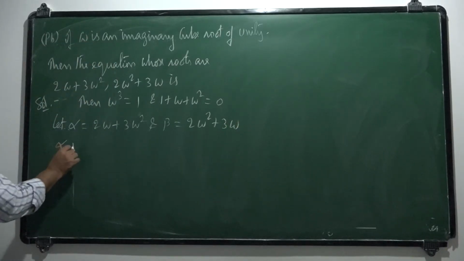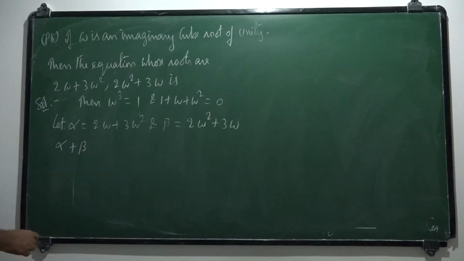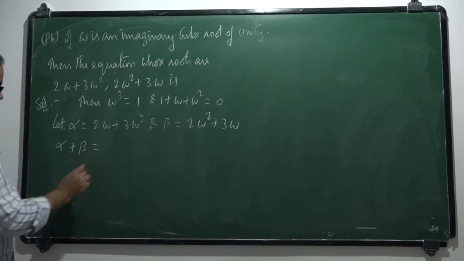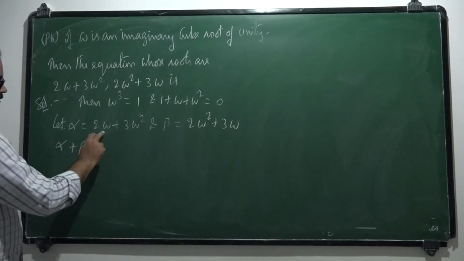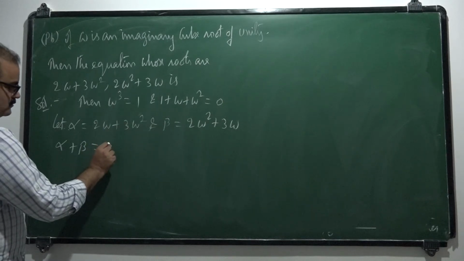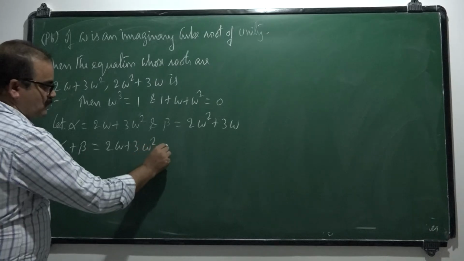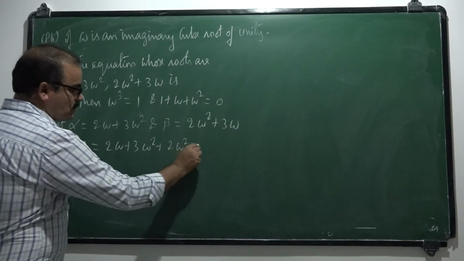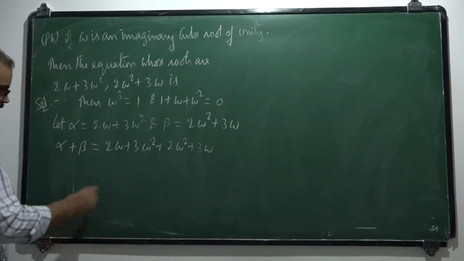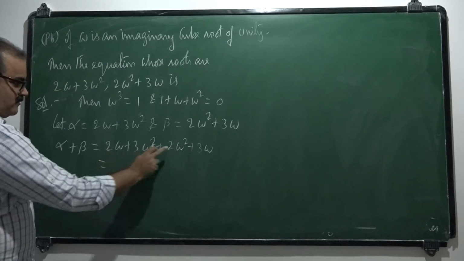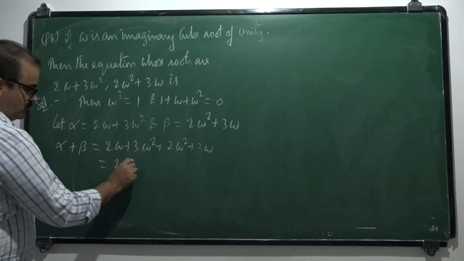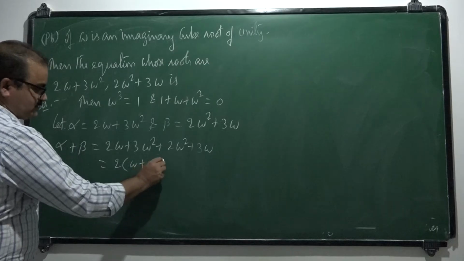We find sum of the roots and product of the roots. Alpha plus beta. Add these two. From the first term and third term we take 2 common, omega plus omega square.